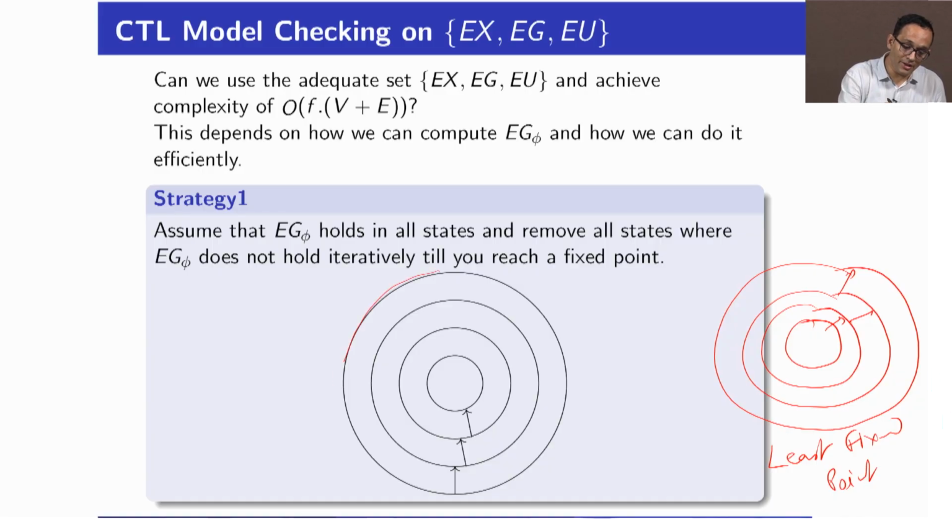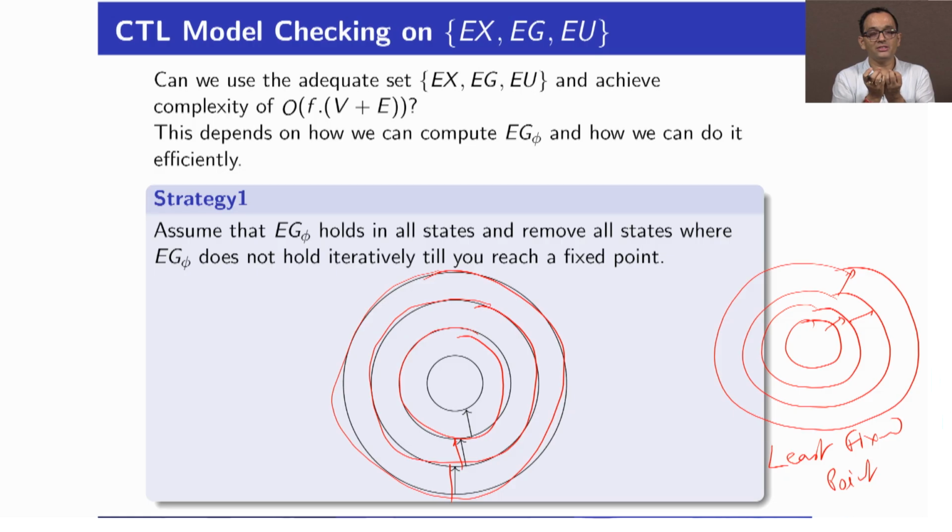Now, think about starting from all states, and then excluding some states where that particular formula does not hold. So, effectively I am starting from the entire state space and excluding some of the states where the formula does not hold. From here I apply a certain rule again and exclude some more of the states where the formula does not hold, going to the next set.